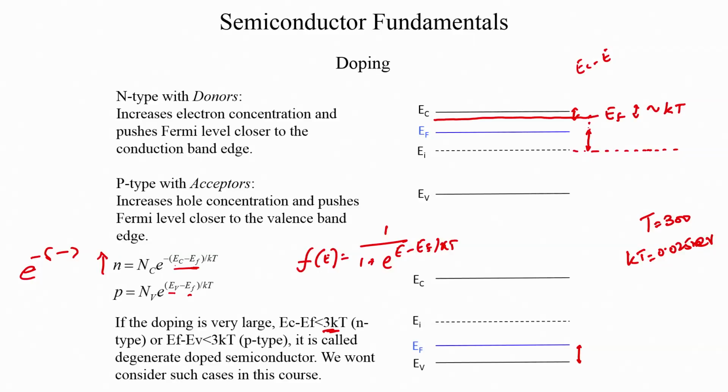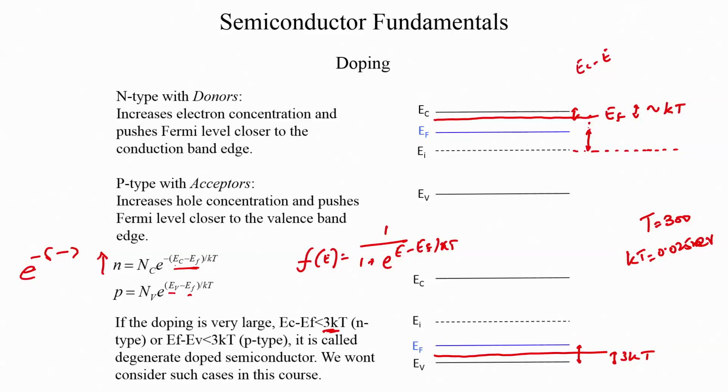Similarly, if you dope the semiconductor p type and you start pushing the Fermi level closer and closer to the valence band, we will reach a point where EF is within 3 kT of the valence band edge, and once again we say that the semiconductor is degenerately doped p type. And once again we can't make many of the assumptions we have made.